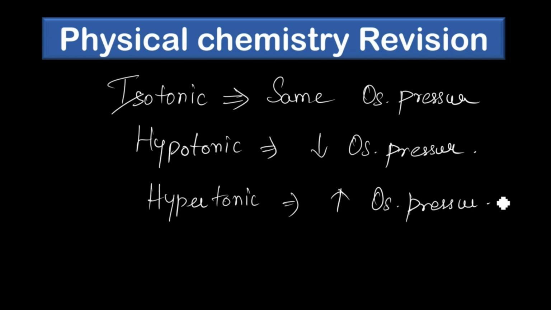The more concentrated solution is said to be hypertonic with respect to the dilute solution. Isotonic means both solutions have equal osmotic pressures. Then come colligative properties. The first property is elevation in boiling point.